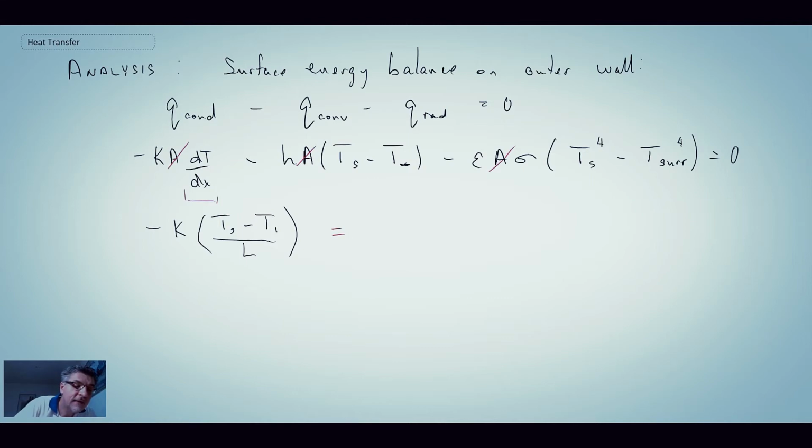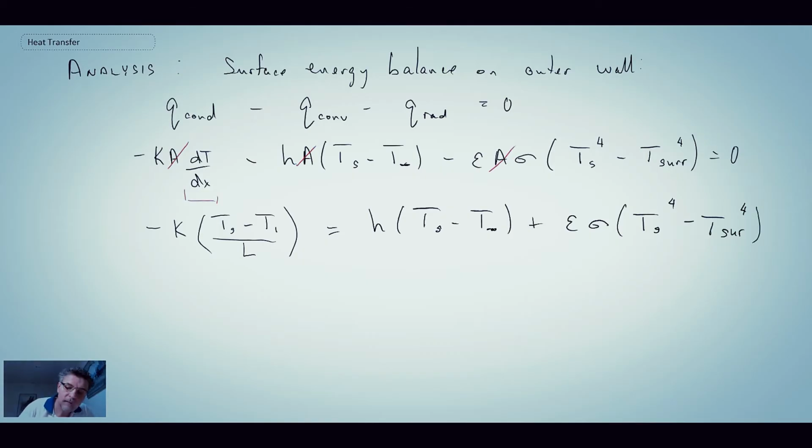Now on the right-hand side, we'll take convection and radiation and bring it over to the right-hand side. So we have this equation here, and at this point it's good to reflect where we're going in terms of solving the problem.